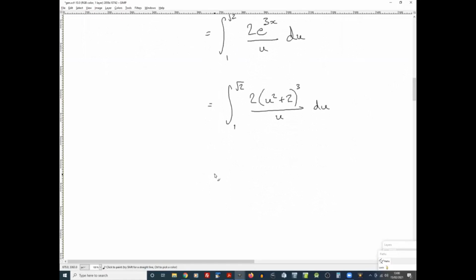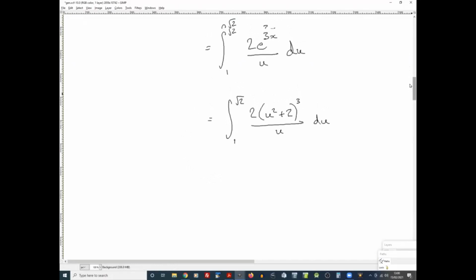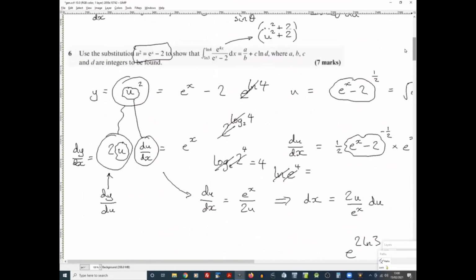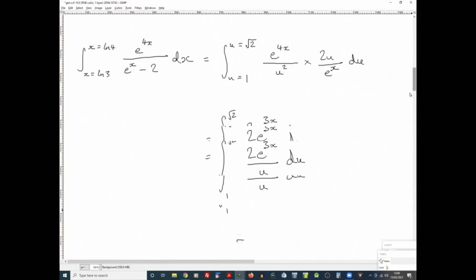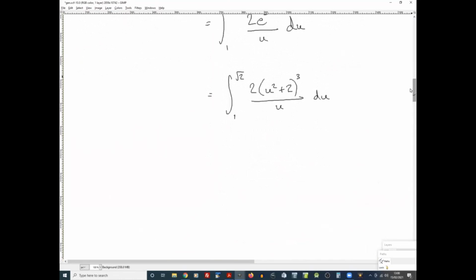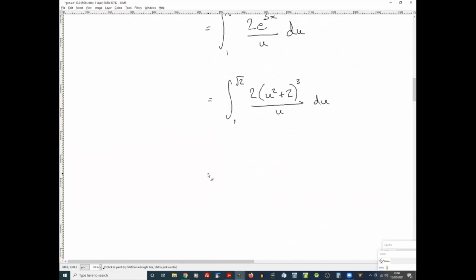Okay, which does need unpacking, otherwise we don't know. Oh yeah, we're using the substitution we were told to use, so fine. So yes, we've got to work with this one. And what next?